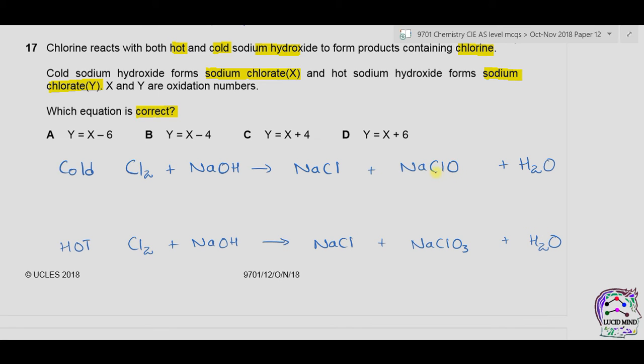We can find the oxidation state of chlorine in both NaClO and NaClO3. Sodium is +1, oxygen is -2, overall charge is 0.